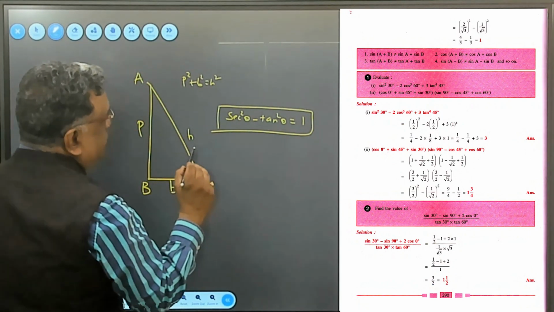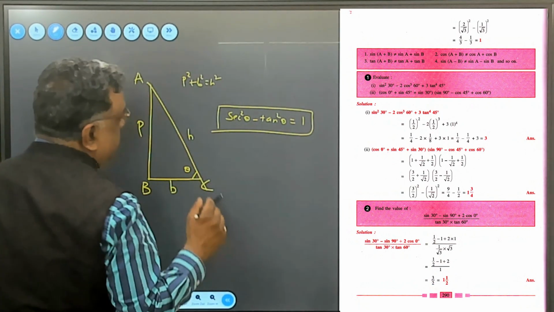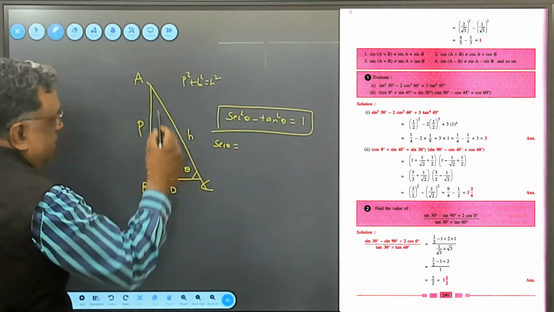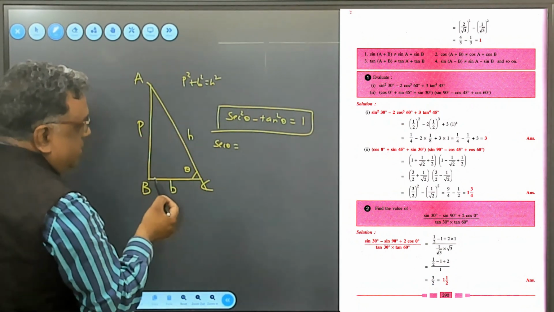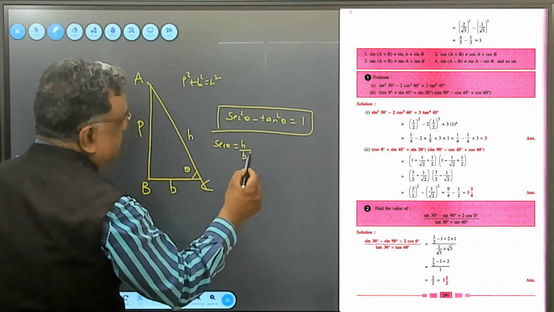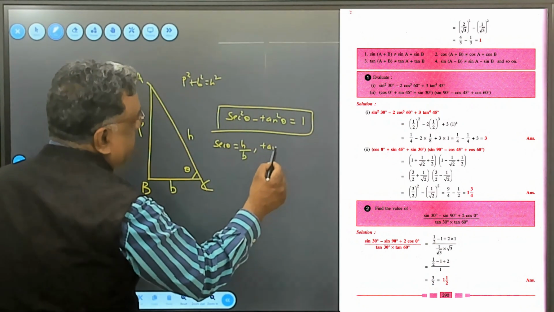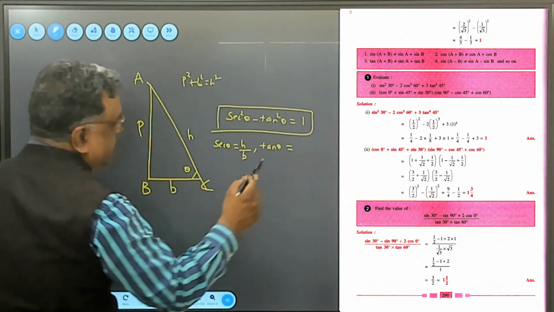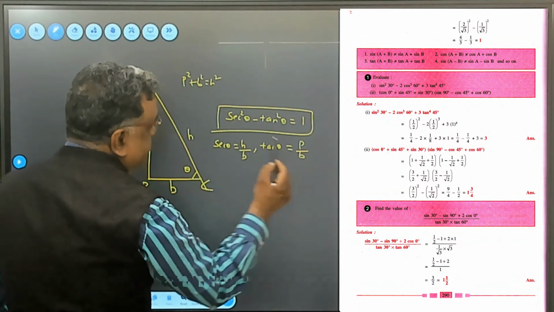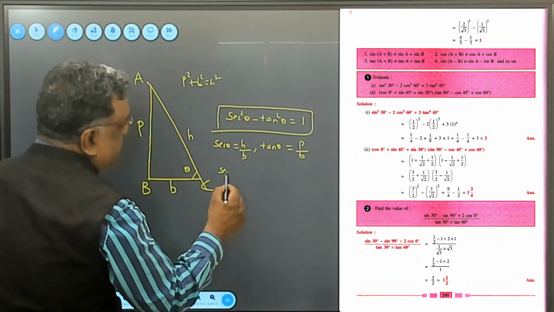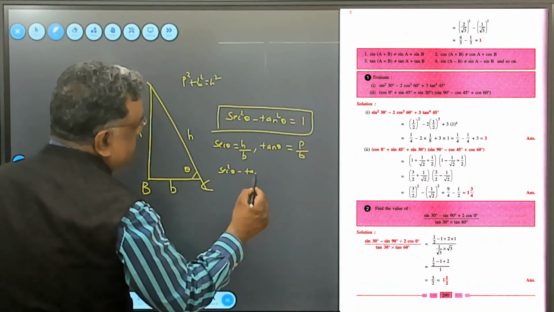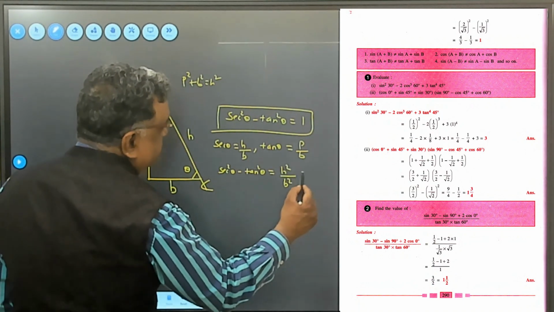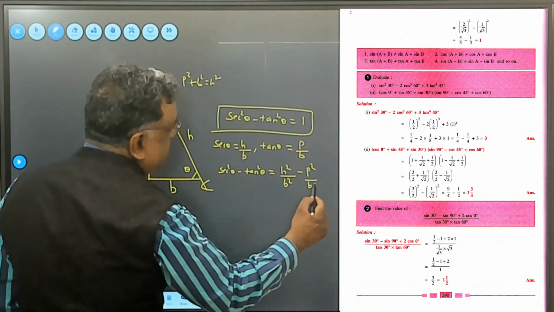So what do we do in this? Sec theta. Sec theta is what? Hypotenuse upon adjacent, h upon b. Tan theta is what? Opposite upon adjacent, that is p upon b. So sec square theta minus tan square theta can be written as h square upon b square minus p square upon b square.